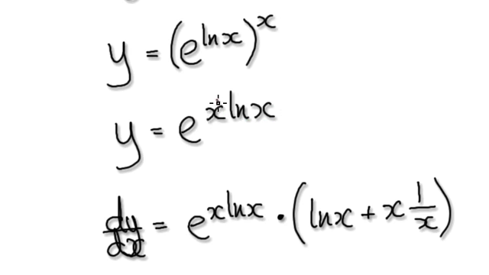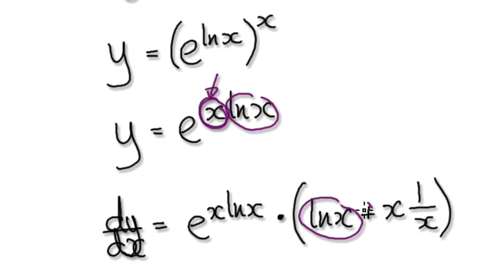So the product rule is differentiate this, leave this the same. So differentiate x would be 1, and then leave that the same, and then plus, leave this the same, and then differentiate this. Well, remember, if you differentiate this, it would be 1 over x.